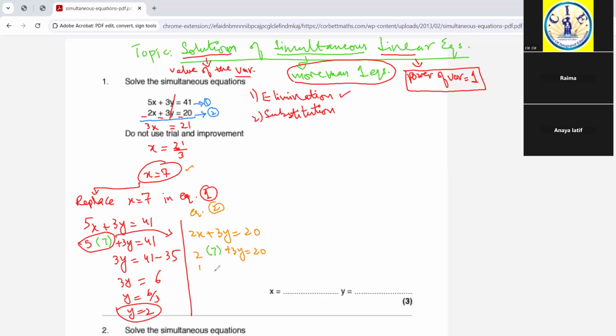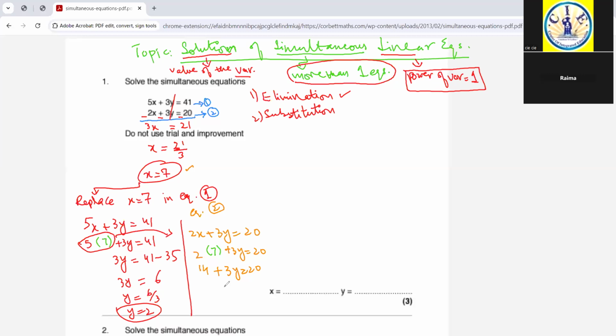This is 14 plus 3y equals 20. And then 3y equals 20 minus 14, that is 6. And the value of y is 6 by 3, that is 2. So in that case also, you get the same values of the variables x and y. So the value of x is 7 and the value of y is 2. So this was the elimination method.